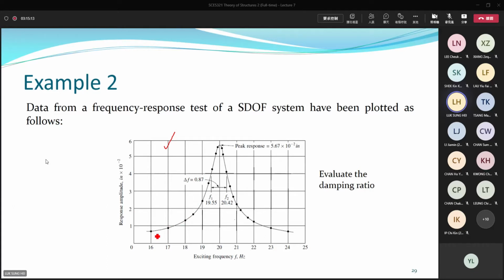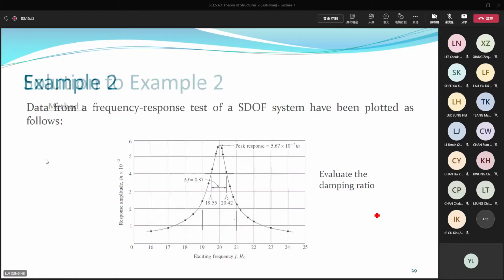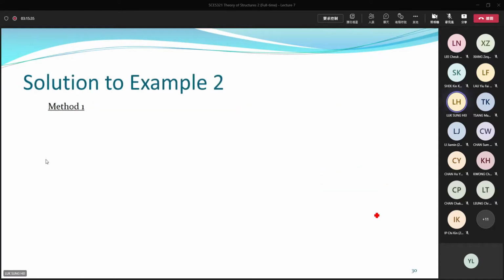We consider frequencies 16 Hz, 17 Hz, 18 Hz, and so on to get this graph. Evaluate the damping ratio using both methods. How? 2 methods. Method 1.